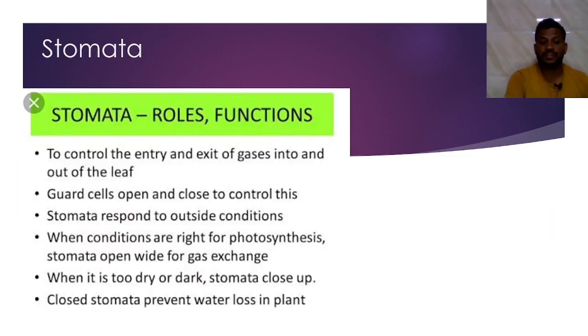Next, if you see the third point, stomata respond to outside conditions. It means the plant's stomata respond to weather and atmospheric temperature. And the fourth point, when the conditions are right for photosynthesis, stomata open wide for exchange of gases.